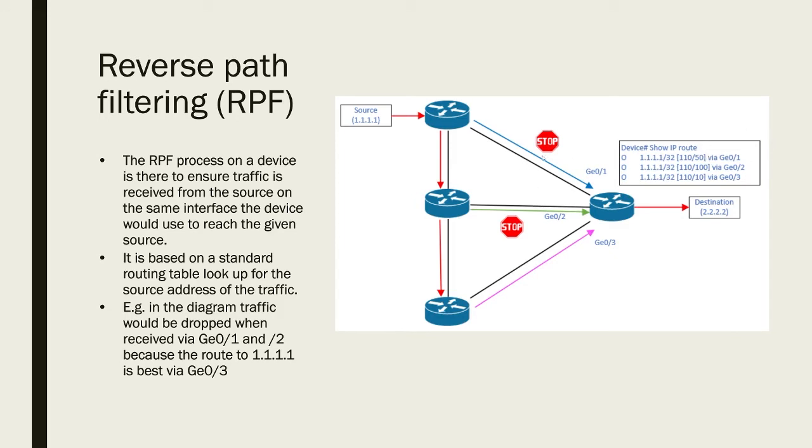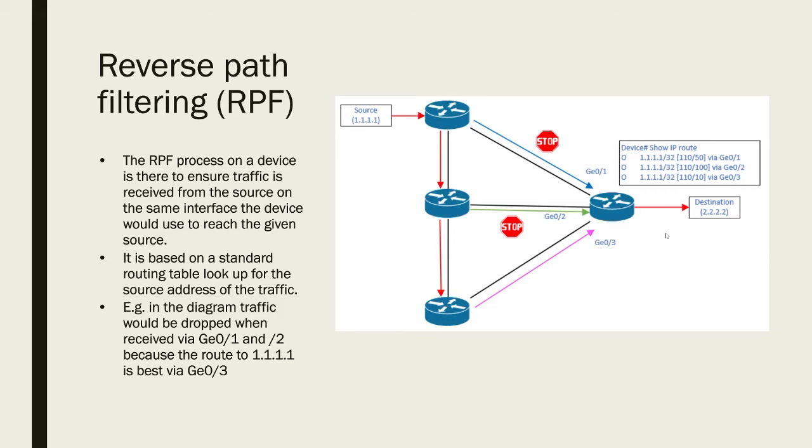For some reason, interface 1 has a cost of 50. Interface 2 has a cost of 100, but then interface 3 has a cost of 10 towards this end destination IP address, or in this case, the source of the multicast.